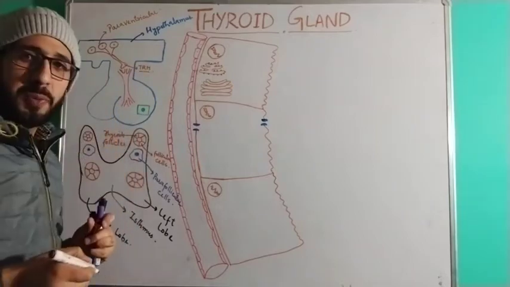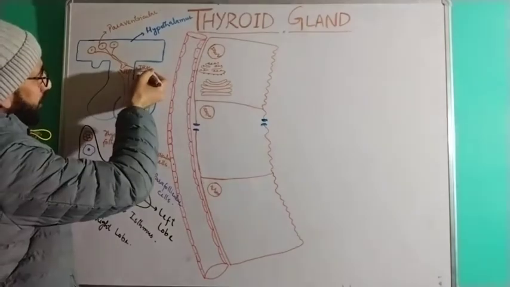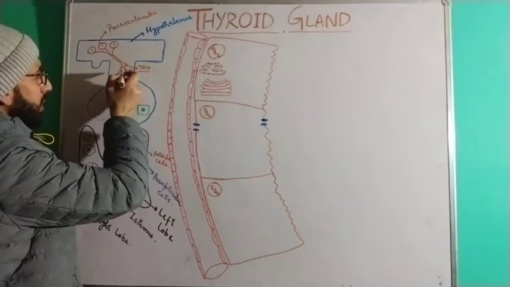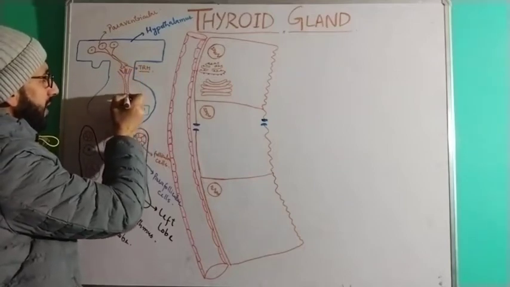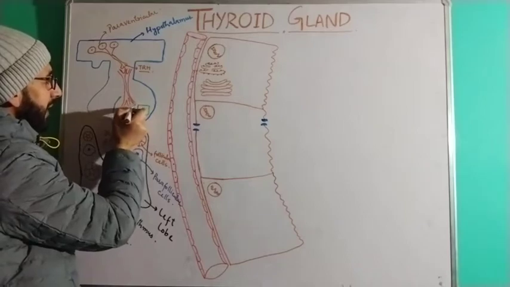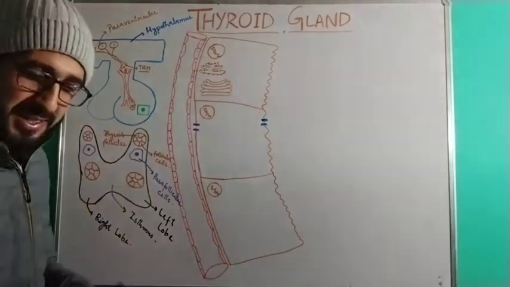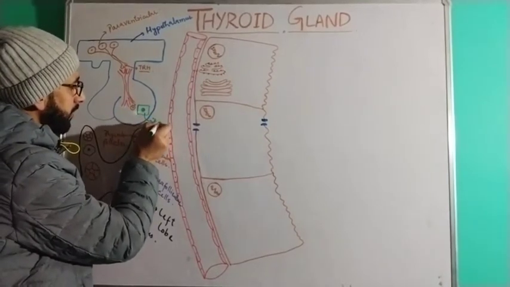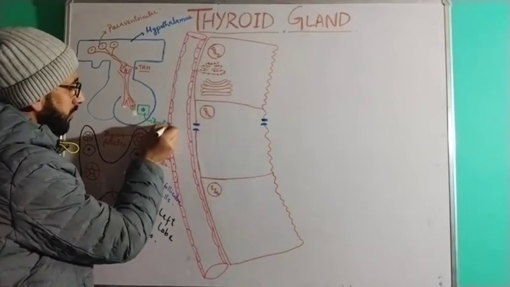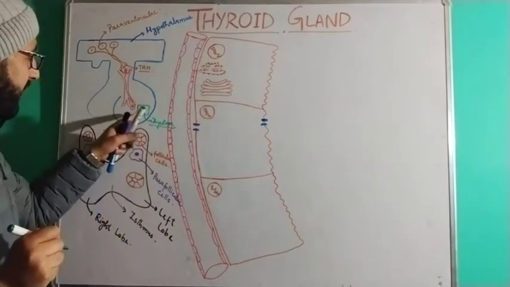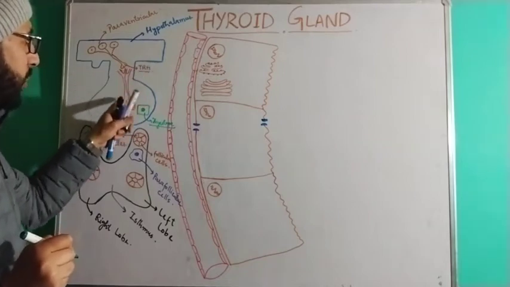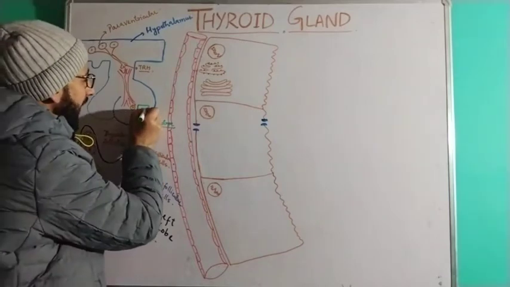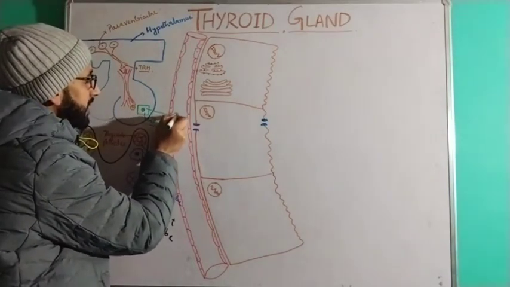This thyrotropin releasing hormone, secreted by the paraventricular nucleus of the hypothalamus, goes through the hypophyseal portal system and stimulates a cell in the anterior pituitary, called the thyrotroph. When the thyrotropin releasing hormone stimulates this thyrotroph, it secretes a hormone called thyroid stimulating hormone.